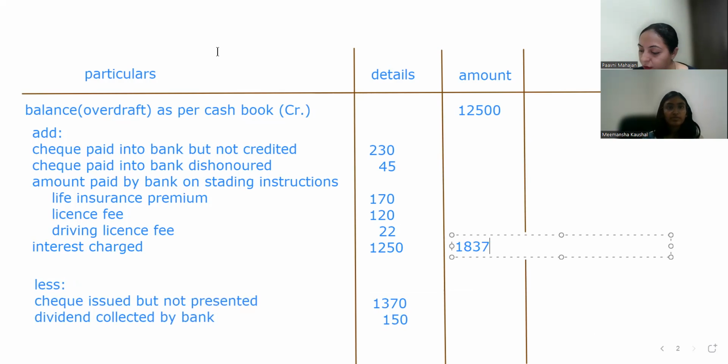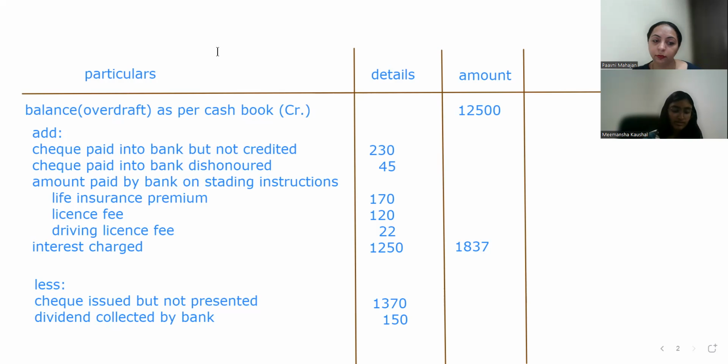Okay, what is left now? My banker has given one wrong credit for 150. What do you feel about this? Fifth point, this one we did, the dividend 150. Oh no, we didn't. Wrong credit is not done.